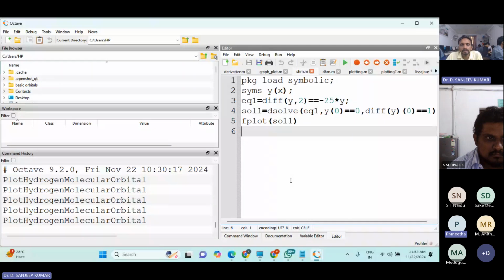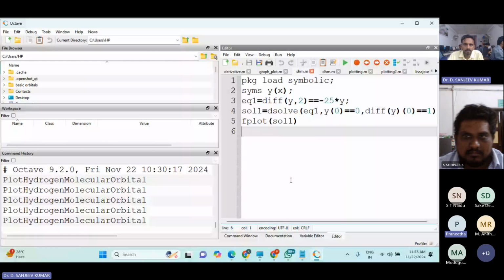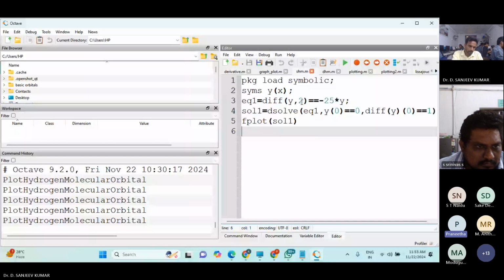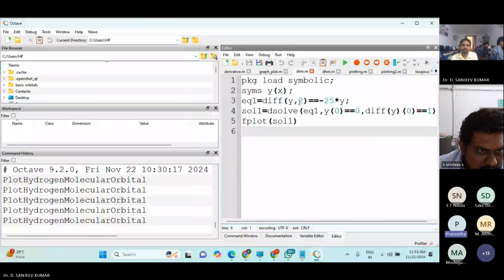And I am writing a differential equation for simple harmonic motion. The equation one is a second order differential equation, d square y by dx square. That is what diff y comma 2 stands for, d square y by dx square is equal to minus 25y.